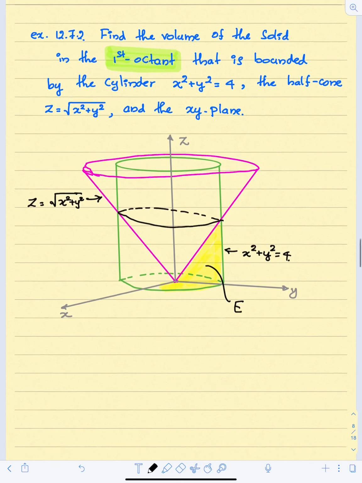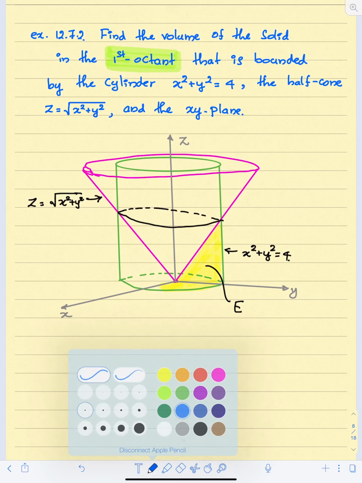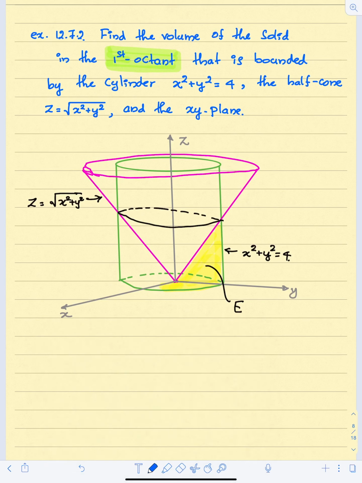Now let's find the equation of these two surfaces in terms of cylindrical coordinates. We know that x squared plus y squared equals r squared. So we have r squared equals 4, therefore r equals 2. This is the equation of the cylinder.